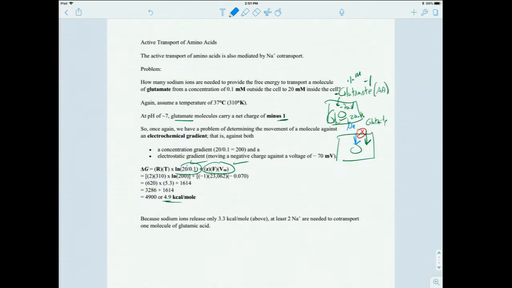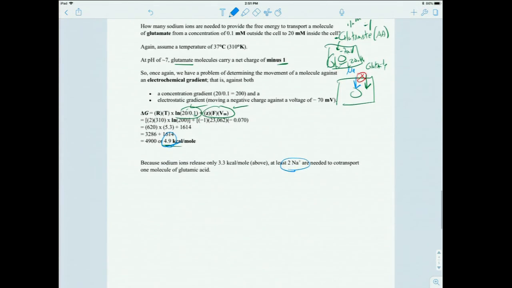So I'm going to get the energy I need for glutamate to transport from sodium. Okay, so again, if I'm needing 4.9, one sodium is not enough to do it. So typically these transporters need 2, and so we're in the 6.6 range, which means that's plenty of energy to move the glutamate or any other amino acid from the tubular lumen in the kidney, from the filtrate, or the GI tract.